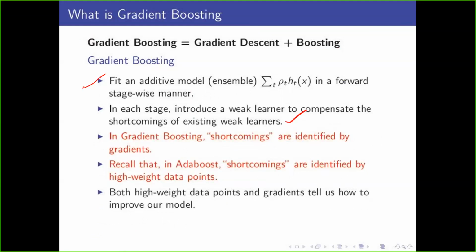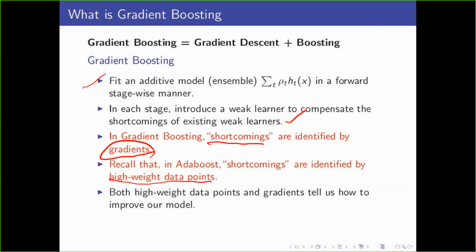But in gradient boosting, shortcomings are identified by gradients, whereas in AdaBoost we identified the shortcomings using the high weight data points. That is the only difference. Whatever it is, both the high weight data points and the gradients tell us how to improve our model.